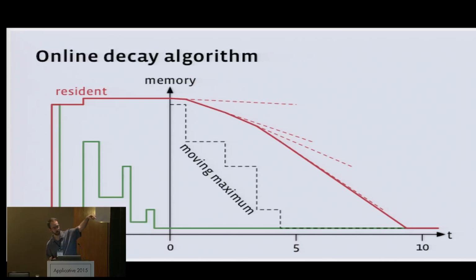Well, this moving maximum changes over time, right? Things fall off the back side of this window, and so our target changes, and that changes the slope of the dirty purging that we want to do. But it's pretty easy to see how this works. Notice the slope actually increases in this example, but that's just an artifact of how I happen to draw the diagram. It could actually decrease over time.